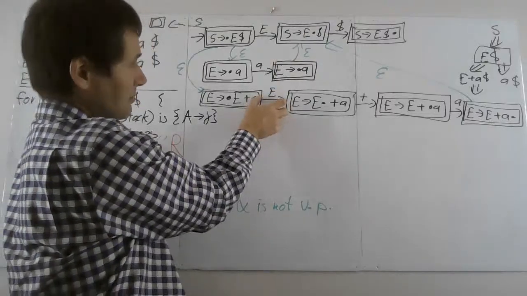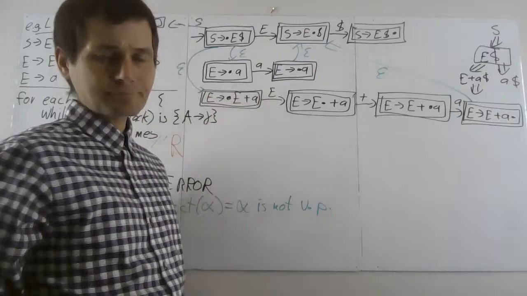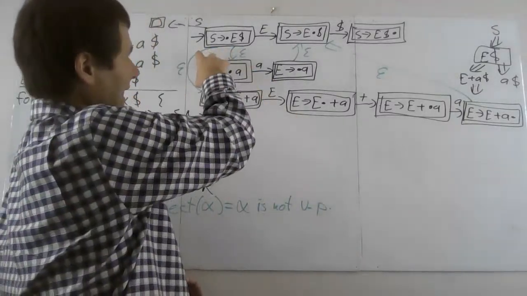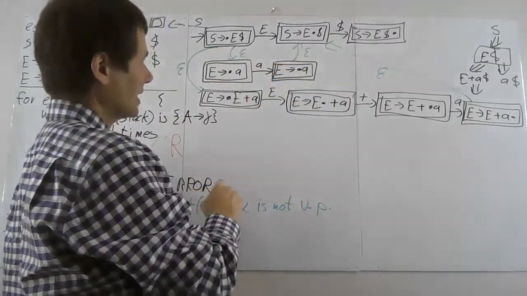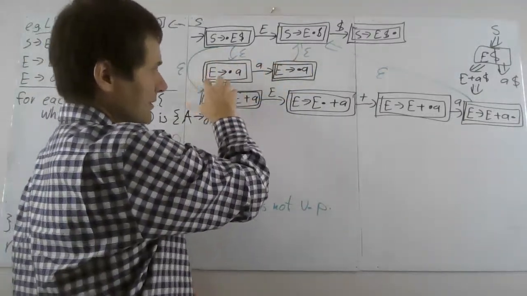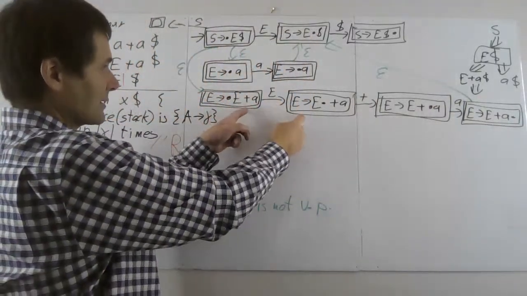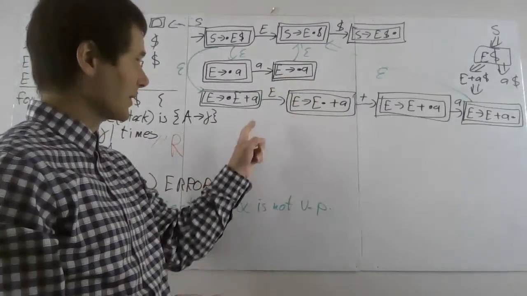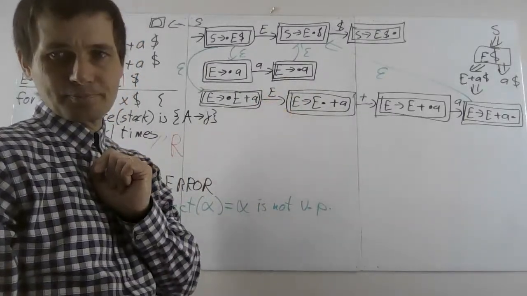So I should do the same thing for this edge E here, which means I would have to add another pair of states for this rule, another copy of these states, and add epsilon transitions to go to them and back from them to model this E edge.